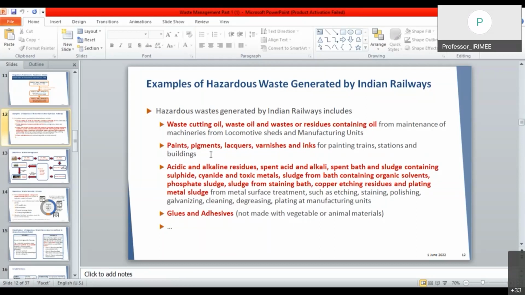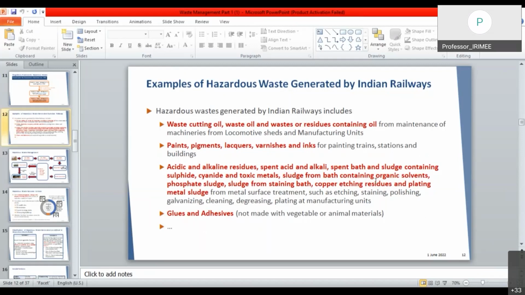Then paints, pigments, lacquers, varnishes and inks for painting of trains, stations and buildings. Then acidic and alkaline residues, spent acid and alkali, spent bath, sludge containing sulfide, cyanide, and toxic metals.